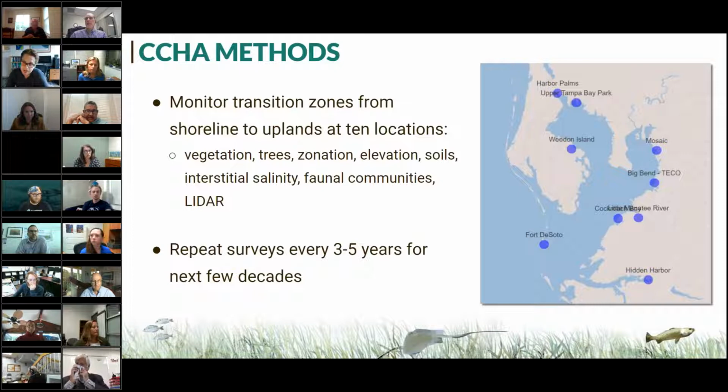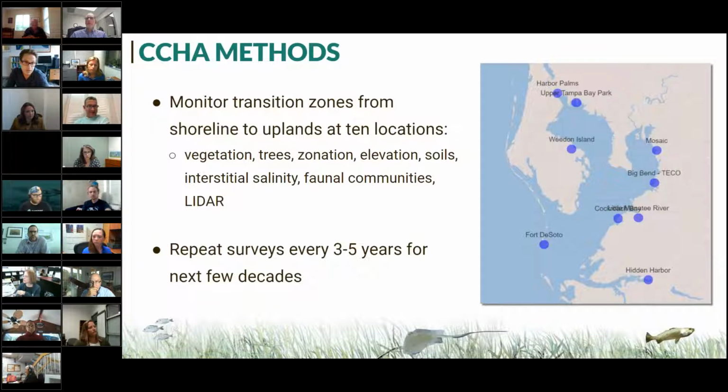At each one of these locations, there's a bunch of data that's collected. There's vegetation transects, there's tree surveys. We're also looking at shifts in vegetation zones, so mangrove habitat, salt marshes, things like that. There's elevation surveys that are also tracked at each one of these transects, so very high resolution estimates of the elevation relative to the sea level.